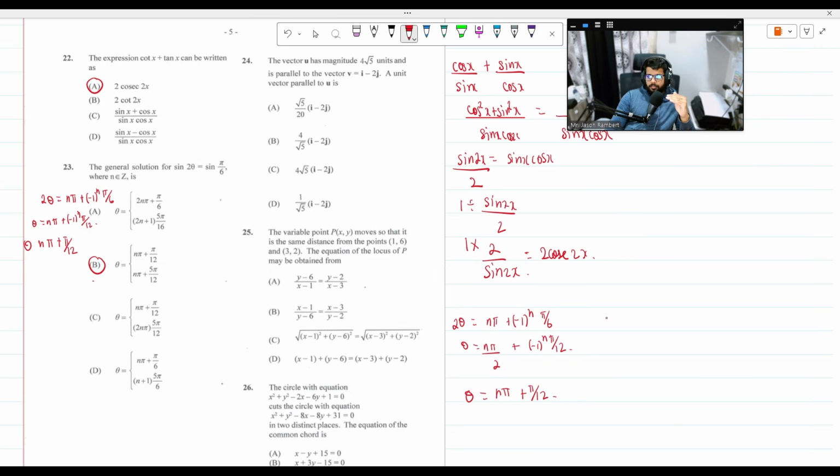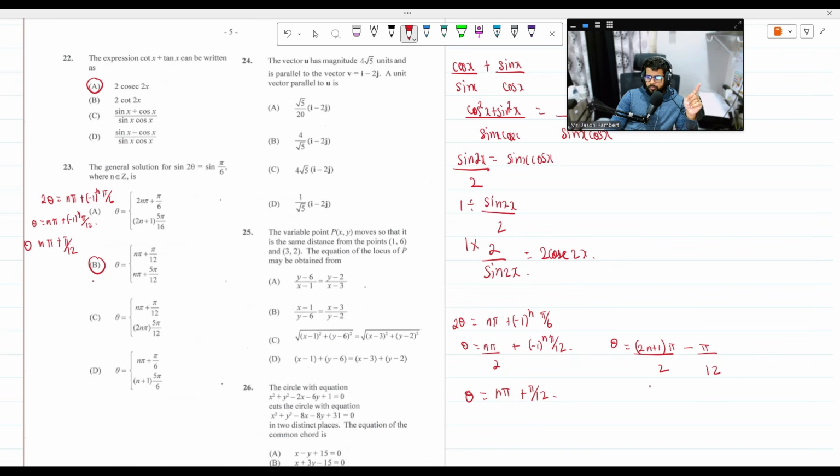When n is odd, I'm going to get 2n plus 1 pi over 2, which is what I was missing in the shorthand just now, plus minus 1 to the n, minus pi on 12.